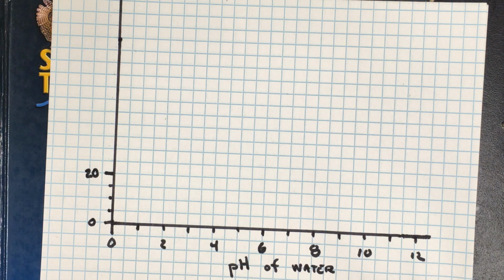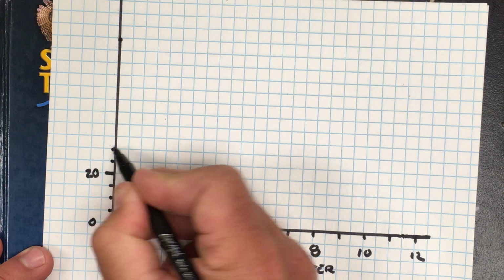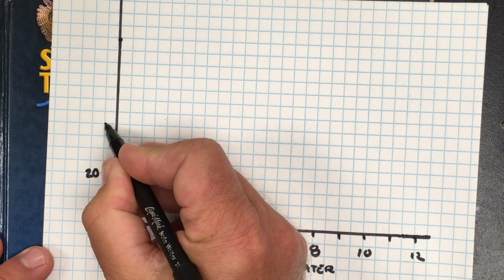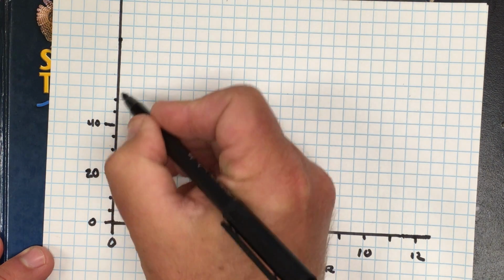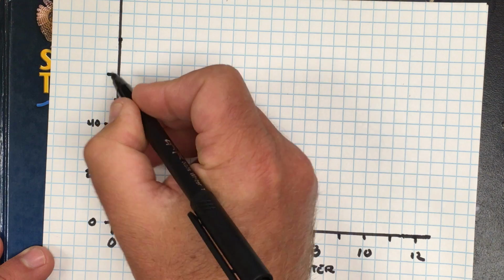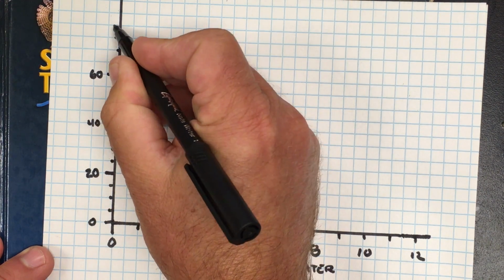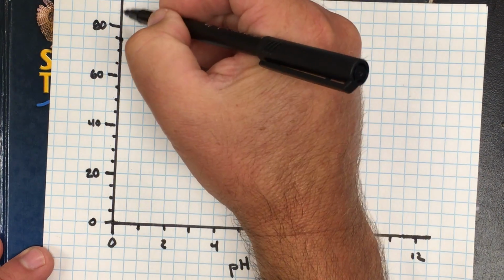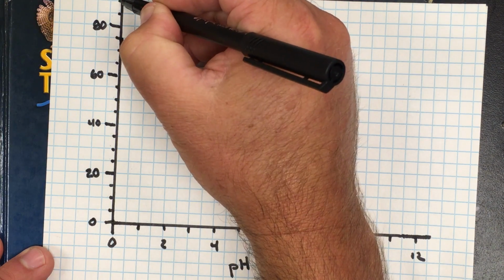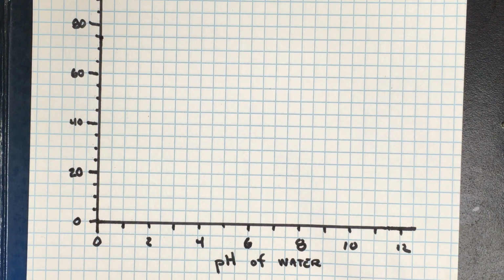Again, I don't want to clutter my axis, so I don't have to label every single line. 25, 30, 35, 40. 45, 50, 55, 60. 65, 70, 75, 80. And so this top tick mark up here would be 90. And that's going to give me enough room to squeeze my data in. Maybe it's not ideal, but it's not bad.